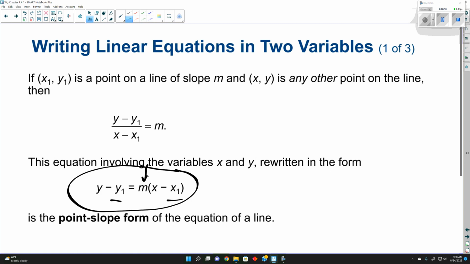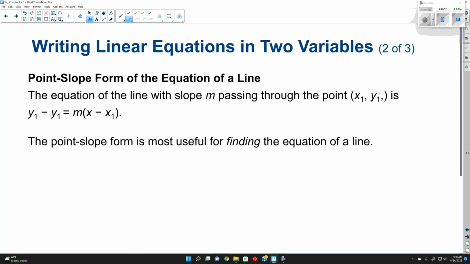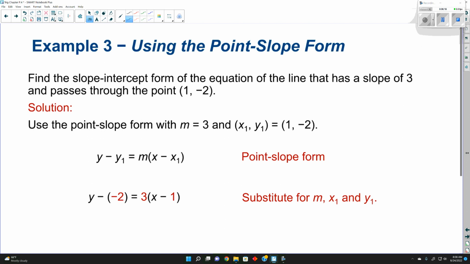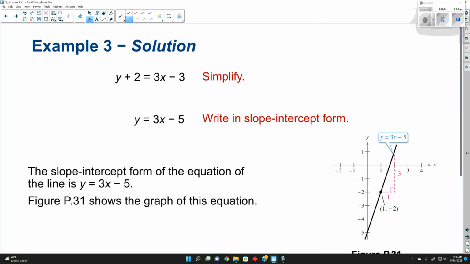We can use this to find the equation of any line because all we need is the point and the slope. If they give us the point (-1, -2) and the slope of 3, we plug in the x in its spot, the y in its spot, and the slope in its spot. Then we simplify to get the equation of the line. That's it.